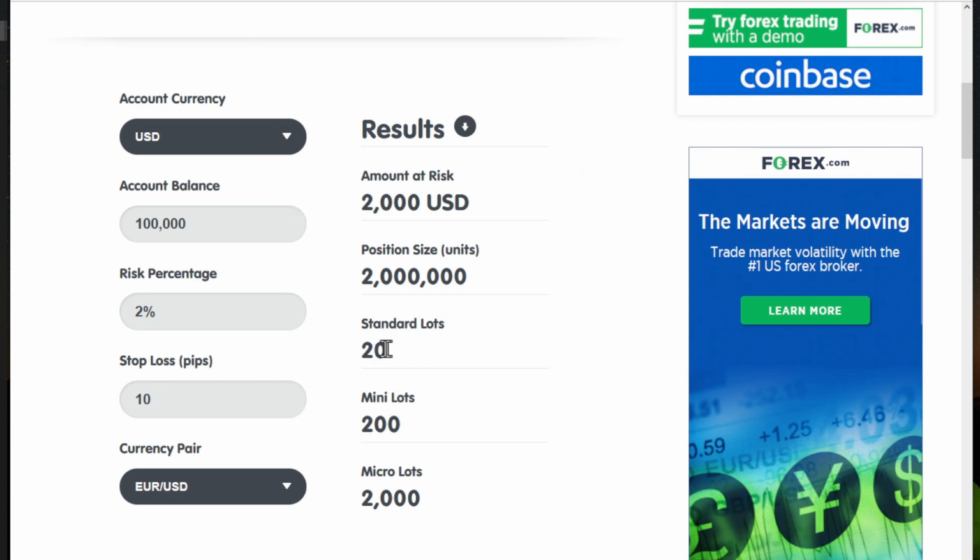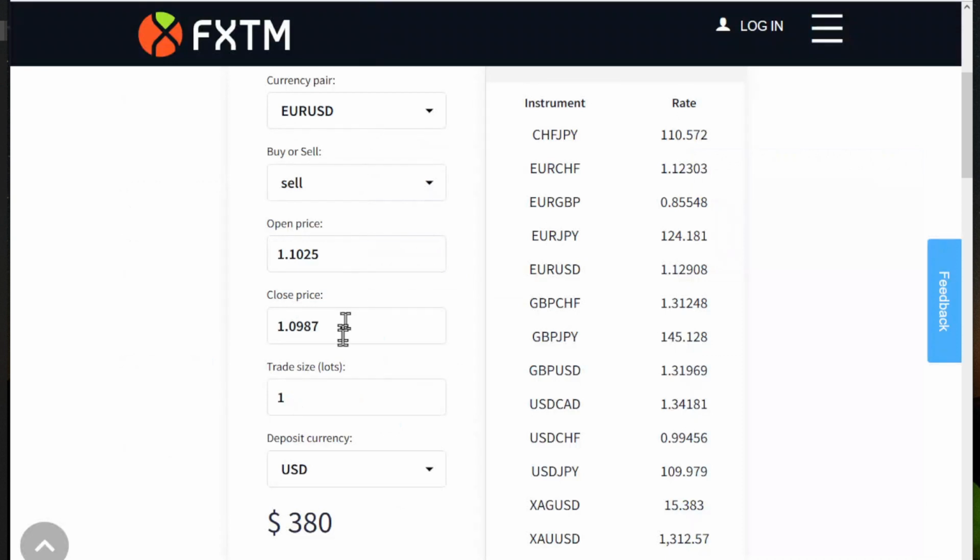It says we can buy or sell, we can put into play or at risk 20 standard lots. So we're going to go over here and we're going to say 20 standard lots. So, all right, now check this out. We're going to do a sell order.